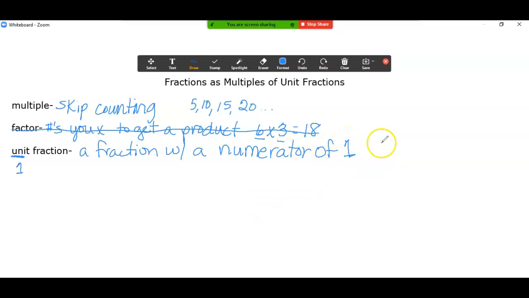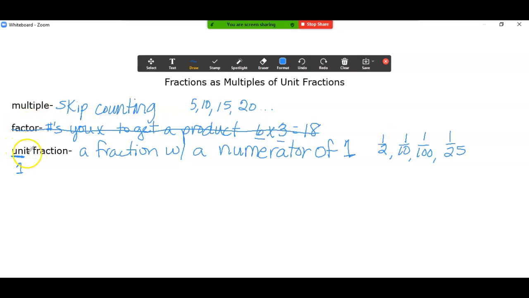So for instance, 1/2, 1/10, 1/100th, 1/25th. Any fraction where 1 is the numerator, that is a unit fraction.